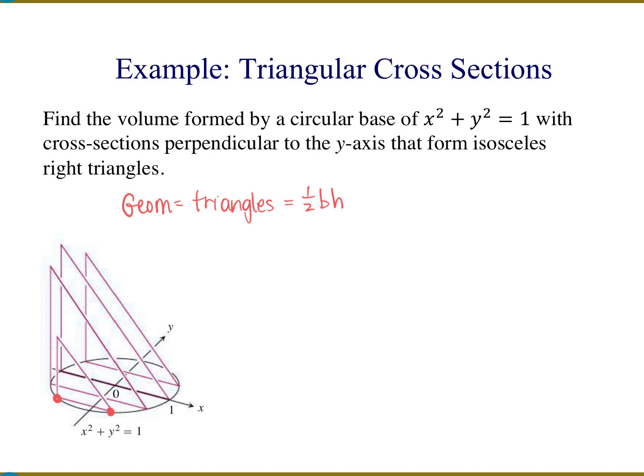Okay? So if you're working on x squared plus y squared equals 1, which is a circle, what do I want, x by itself or y by itself?